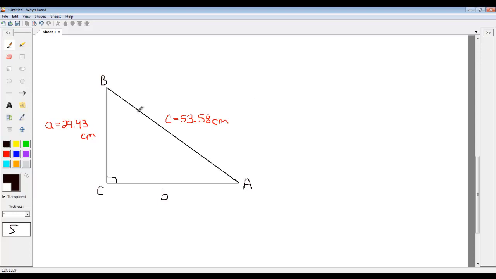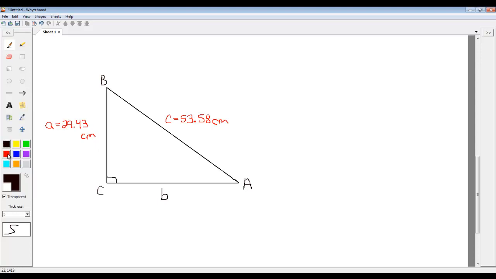Okay, let's see here. Since we know side A and side C, we know side A and the hypotenuse. If we look at angle A, side A is the opposite side over hypotenuse C. That's the sine right there.